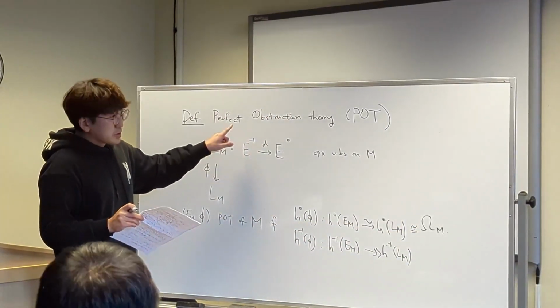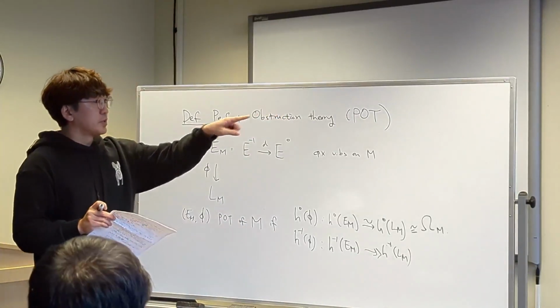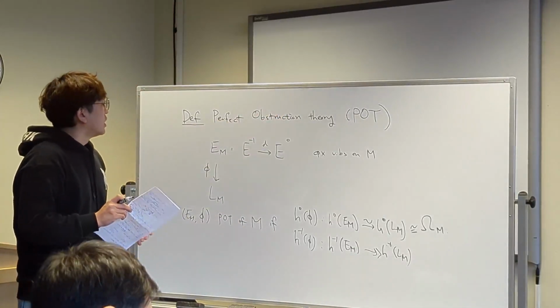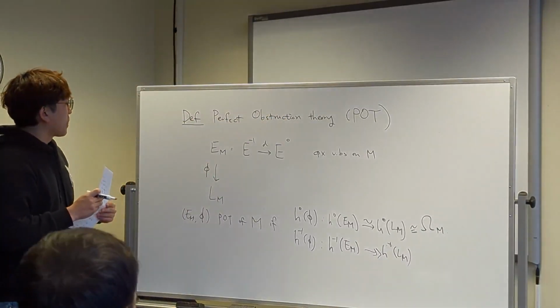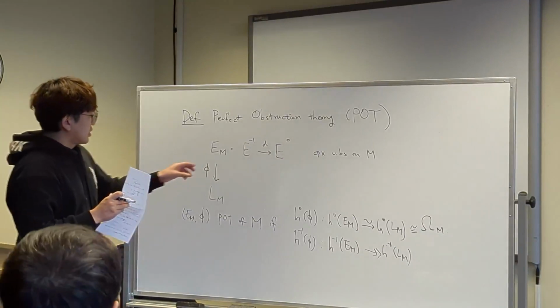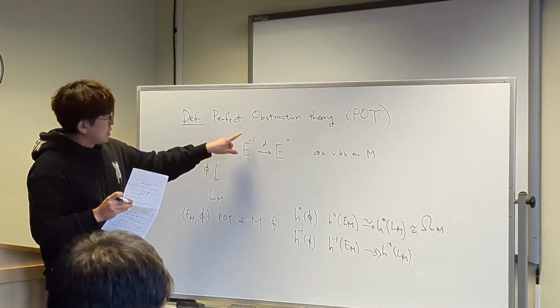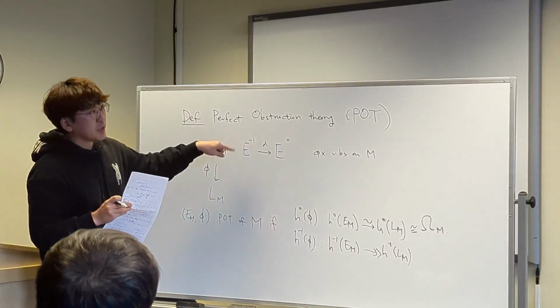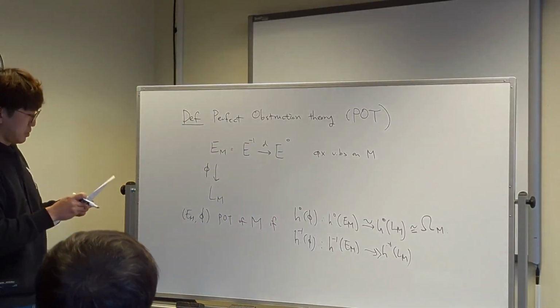But there can be something more than this, the cotangent sheaf, the conormal sheaf. But there's something more, make this part to be locally free. That's the definition of a perfect obstruction theory.